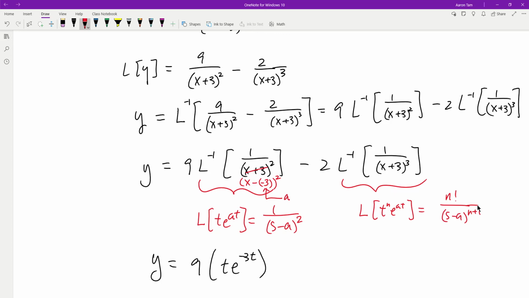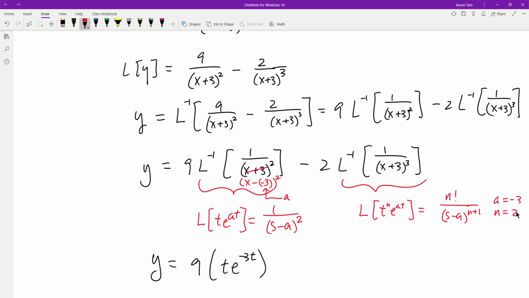So now all I have to do is figure out what a is and what n is. Notice that a should be -3. That's easy, because that's just what we just did. But since the power is three, n should be 2, because it's 2 plus 1.